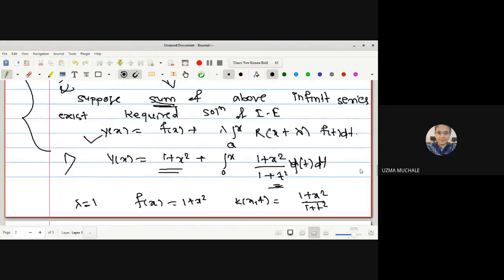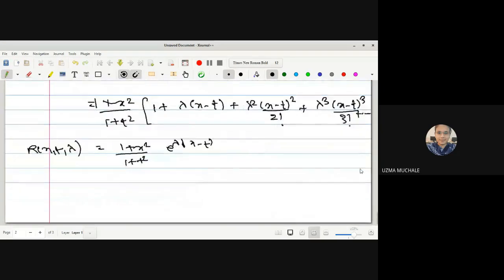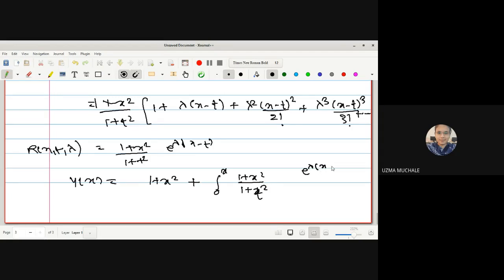Okay, so substituting r of x t lambda in the required solution, we get y of x equals 1 plus x square plus integration 0 to x r of x t lambda into f of t, that is 1 plus t square dt.